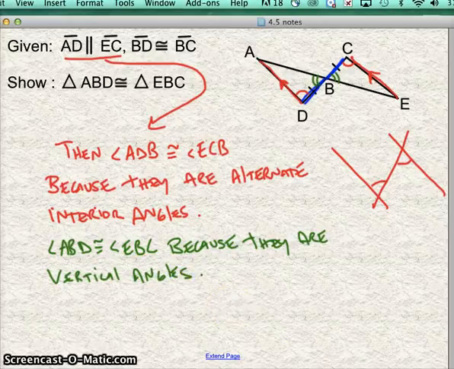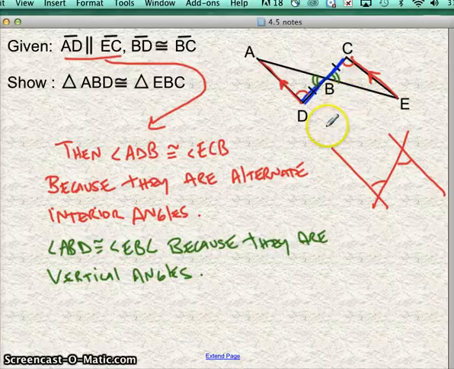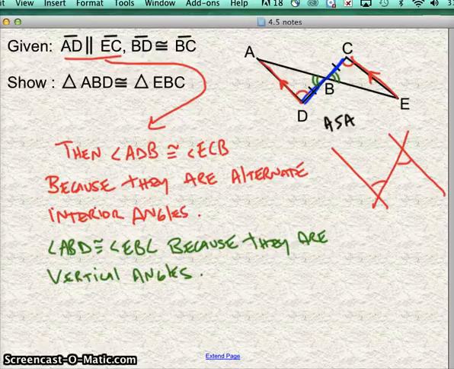Okay, well, now look at the information I have. I have an angle, then a side, then an angle. It looks like I have angle, side, angle. Is that one of our ways to prove triangles are congruent? Yep, there it is, angle, side, angle. So these two triangles are congruent.